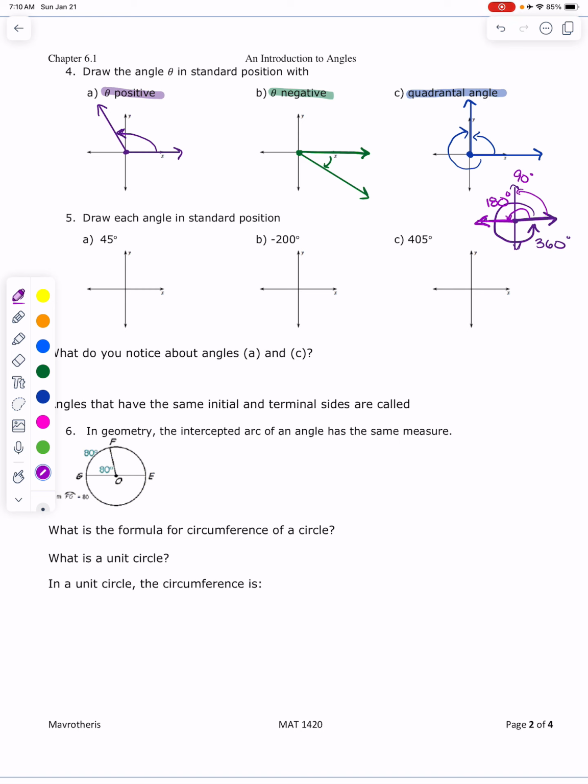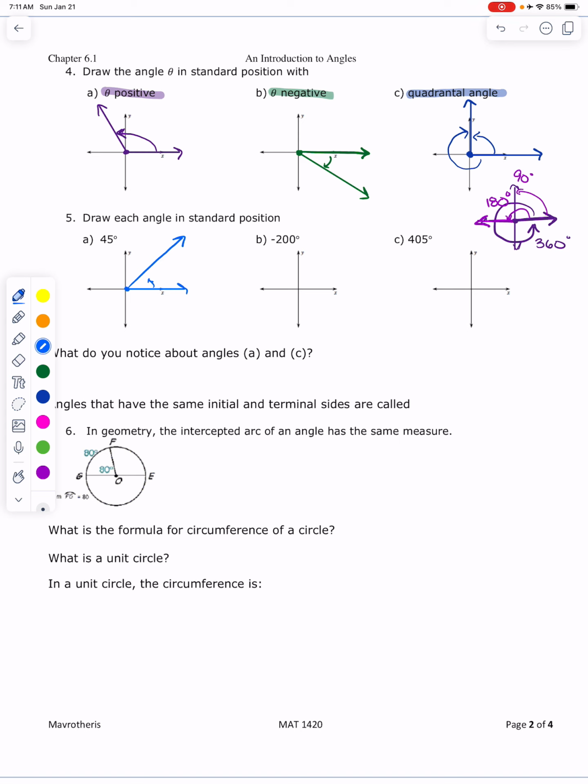Okay. So let's talk about how to draw some of these angles. If I want a 45-degree angle, notice that is a positive 45. So I am going in the counterclockwise direction. I know that to get me to the y-axis, it's 90 degrees. Half of 90 is 45, so my 45-degree angle splits that first quadrant in half.